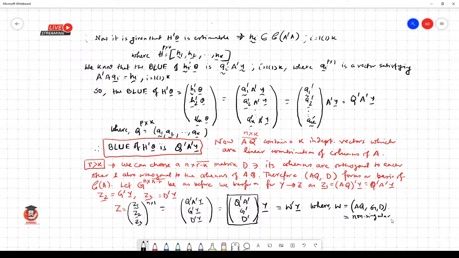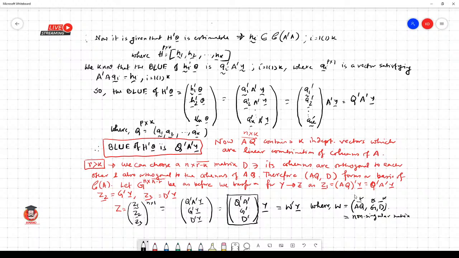Why is this a non-singular matrix? Because this portion comes from the column space of A, and AQ and D form the basis of the column space of A, and G is a matrix belonging to the error space.